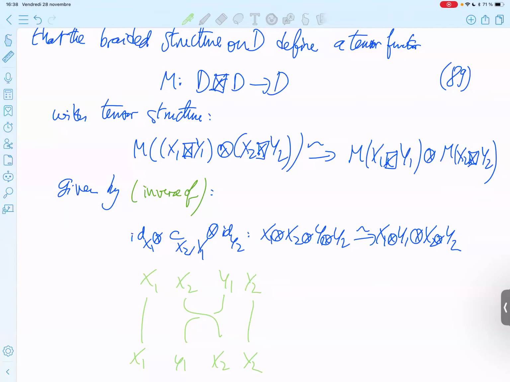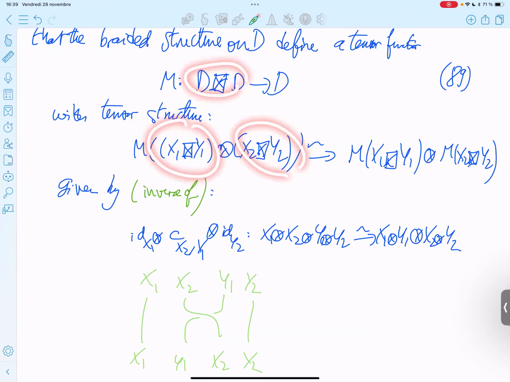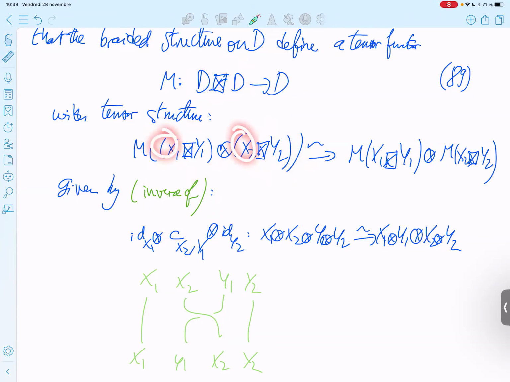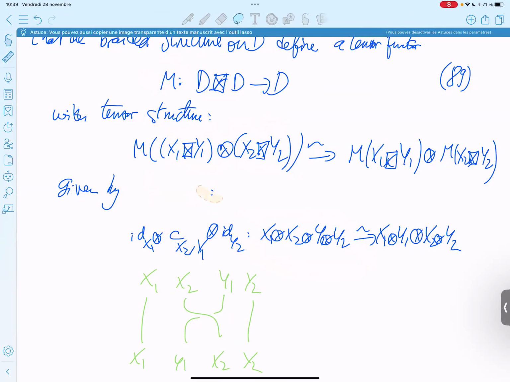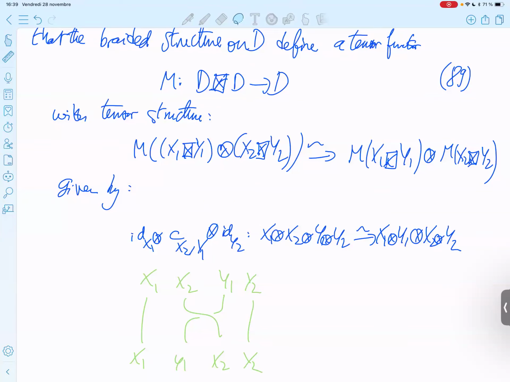If you consider the tensor structure on the Deligne tensor product, when you apply M, you get that. So it's not the inverse. Yeah, I was wrong. Okay, sorry about that. So you really have x1, x2, y1, y2.